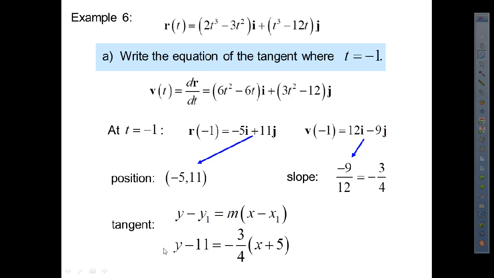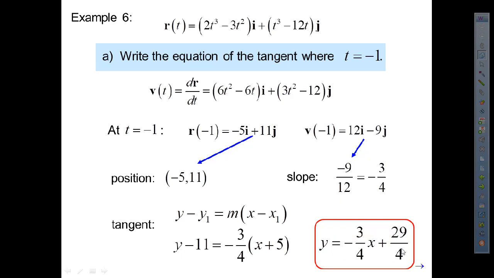All right, and there's your point-slope form, and you can leave it just like that. They went ahead and put it in slope-intercept form, but it is not necessary for your work. Actually, I don't want you to do it.